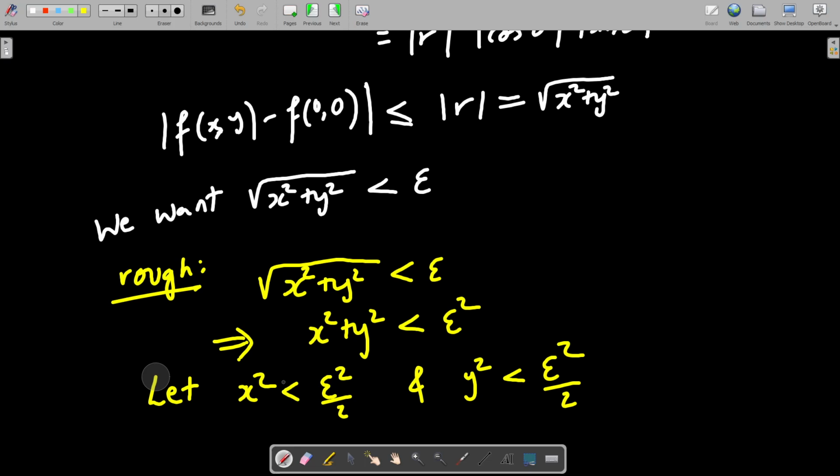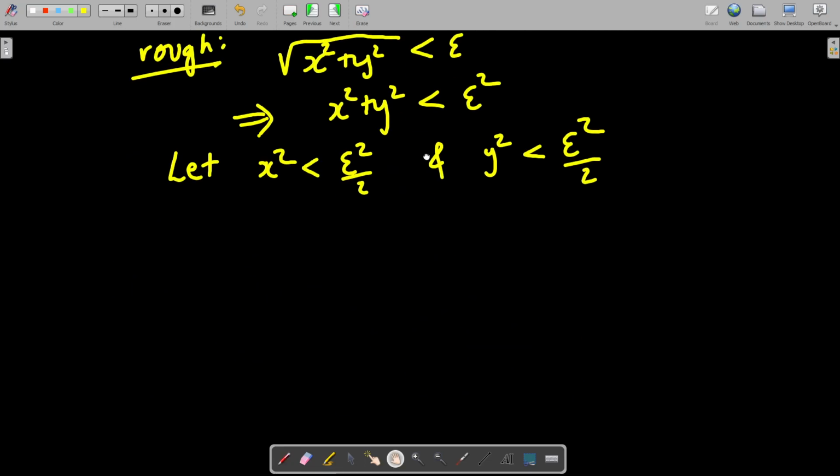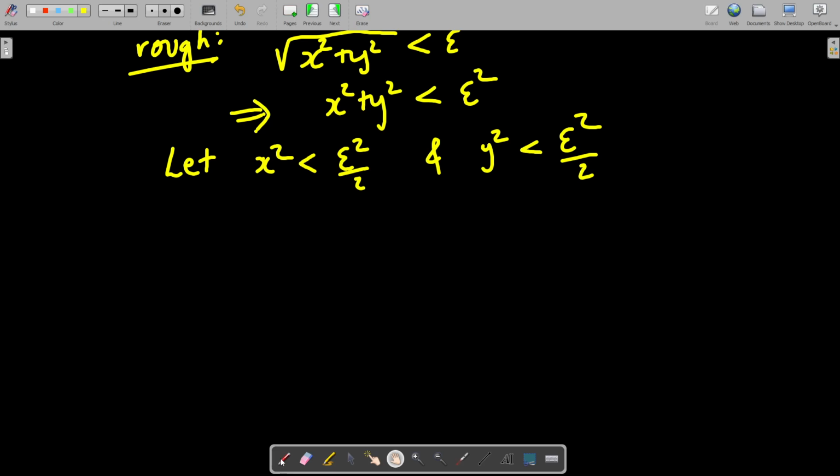If this happens, we'll be taking the square root now. x can be positive or negative, right? So when we're taking the square root, we'll have to write the modulus over there. We started off with positive epsilon in the problem, so the square root is going to give you positive epsilon only. Same about root 2 here also.